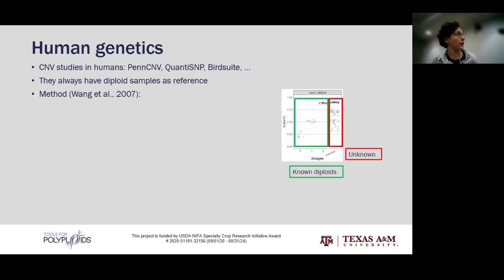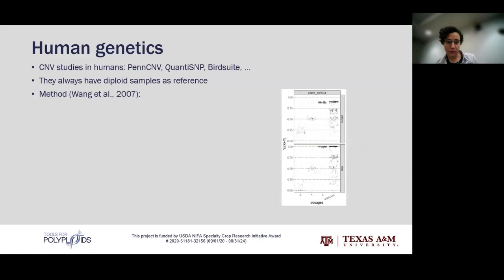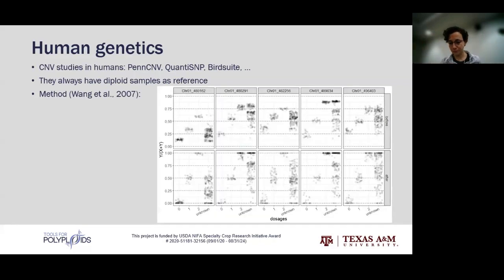Using this, we can standardize. If I know that this has dosages of 1, dosage of 0, and dosage of 2, I can force them to be where they're supposed to be, and not only use the same standardization with the ones that I don't know. So I'm forcing them to be where they're supposed to be, and doing this by marker, because each marker is different. So I'm expanding to all of them.